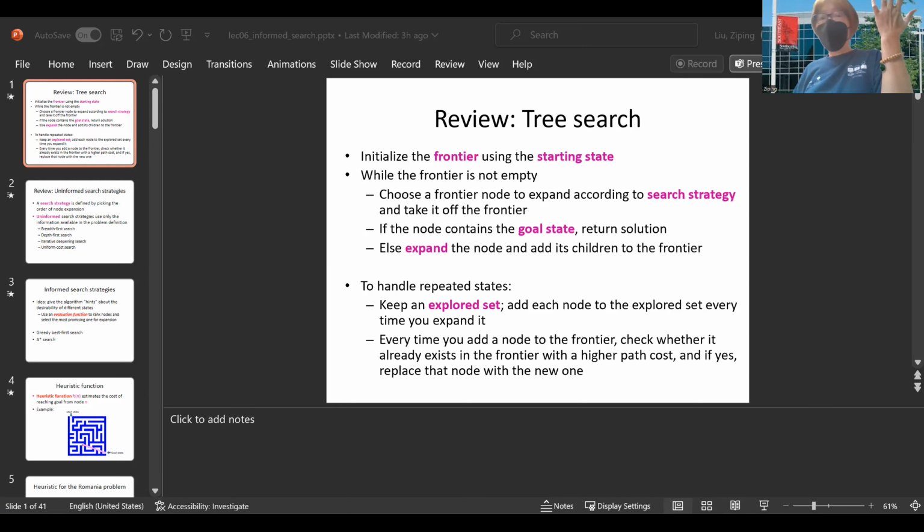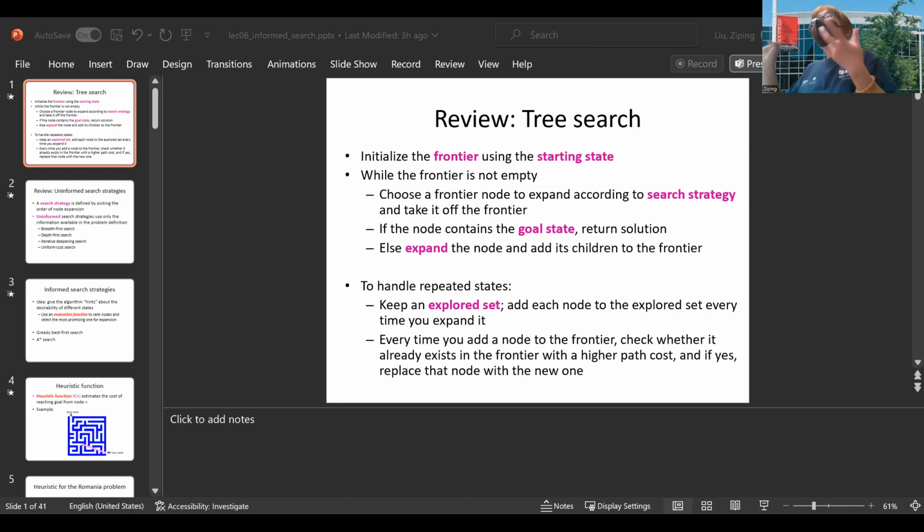So that's how we improve greedy best first search: we do A star search. The idea of A star search is to avoid expanding paths that are already expensive. So here, the evaluation function this time is not just the heuristic, not just h.